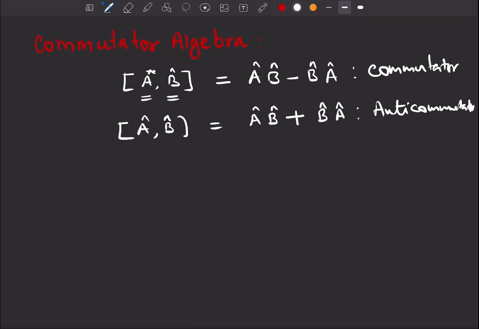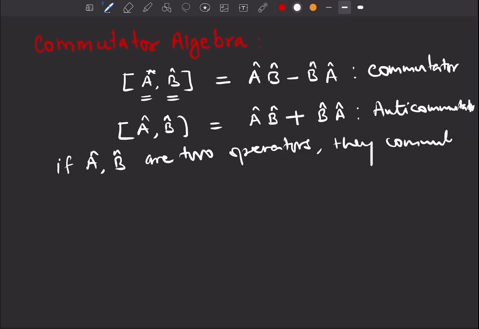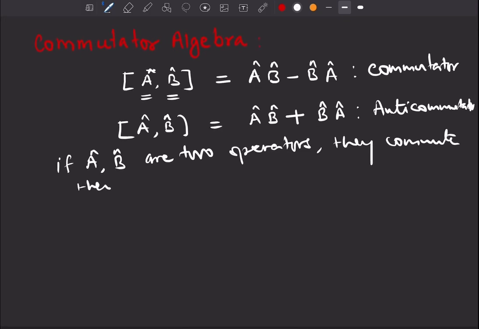Two operators are said to commute if their commutator is equal to 0. That means if A and B are two operators and they commute, then their commutation relation [A, B] is equal to 0.